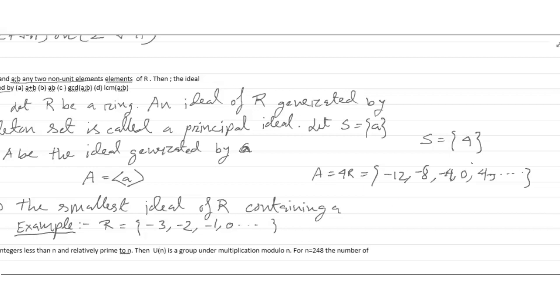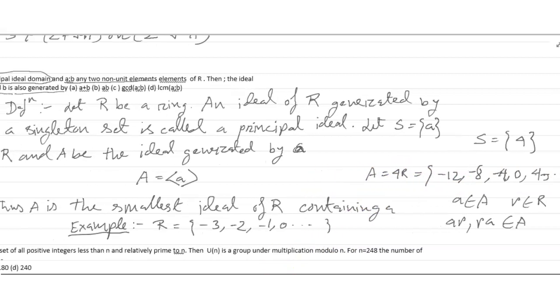And what is the rule? The rule is here: a belongs to A, where r belongs to R, and ra also belongs to A. So multiples of a also belong to A, and in this way we can say that A is a principal ideal.